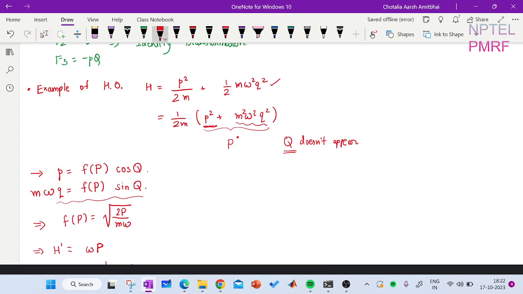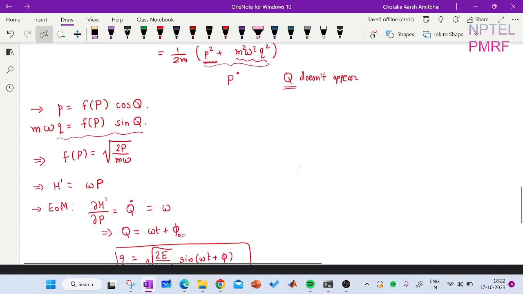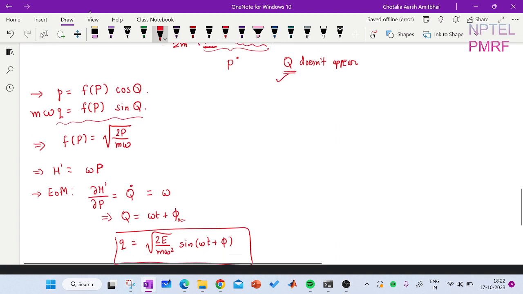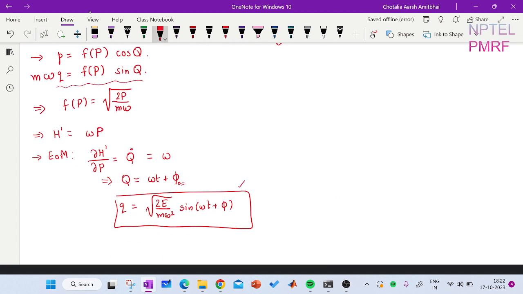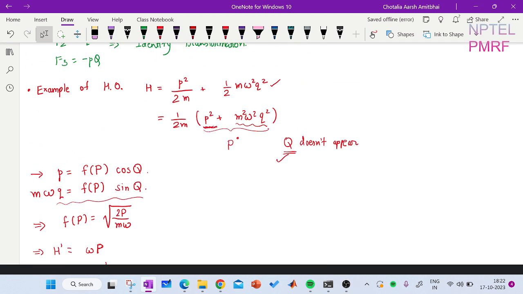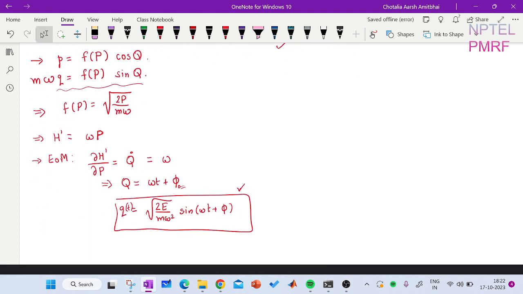We just used this Hamiltonian, found a canonical transformation in which q is cyclic, and from that we got our original q as a function of t. We never appealed to Newton's laws of motion, we never took the cosine component, we never cared about the tension force, etc. Of course all of those things were absorbed in this Hamiltonian, but this just goes to show the beauty of it.